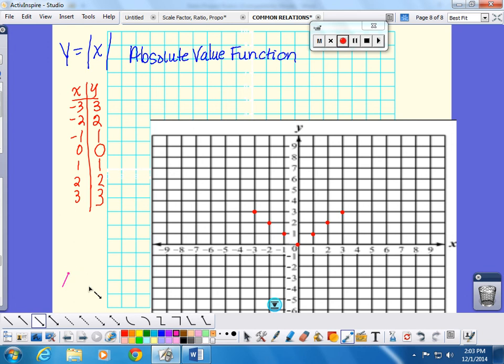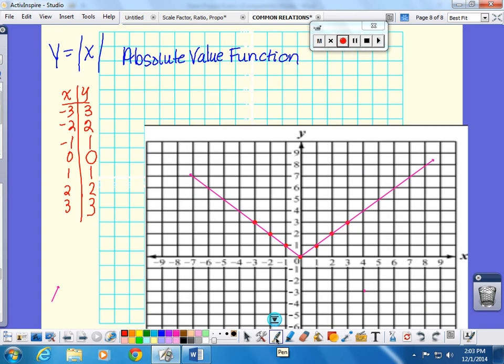Use your ruler and make this arrow going this way, and then an arrow going this way. Now when you see absolute value, hopefully you'll hear the V sound and know that it's a V-shaped graph, okay? Absolute value is V.